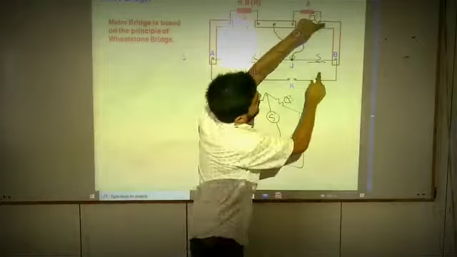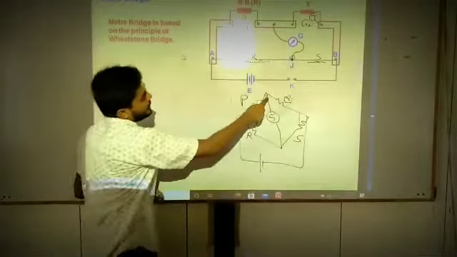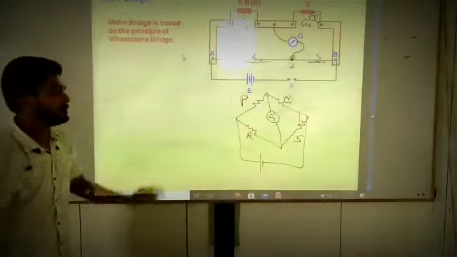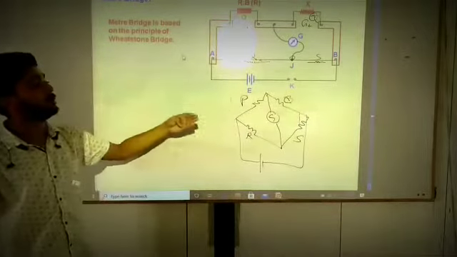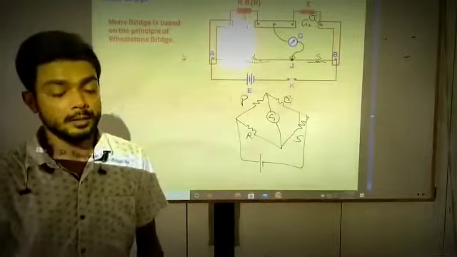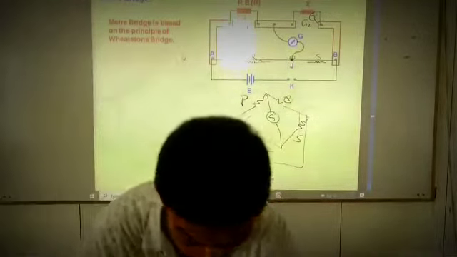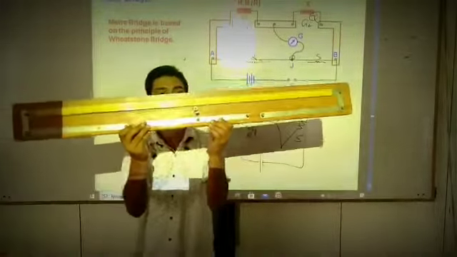Q and S are also connected at a point. And there is a galvanometer between these two combinations. After this, we are going to use it as an instrument which can find out the unknown resistance. Before discussing this, students, let us see the actual meter bridge.